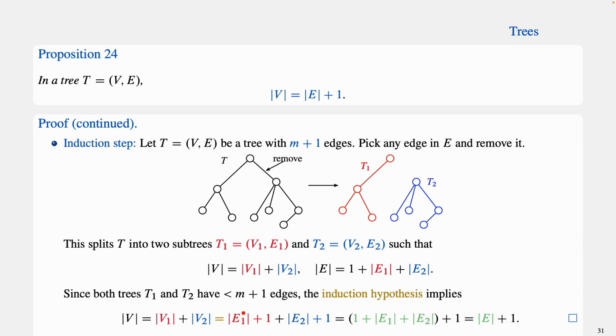We have number of edges in E1 plus 1 plus number of edges in E2. And by this equation here, if we combine these together, this is just the number of edges in our original graph. But then we have an additional plus 1. So we have here number of edges in T plus 1 equals number of vertices in the tree. And that is precisely the formula we want for m plus 1 edges. And that concludes the proof.